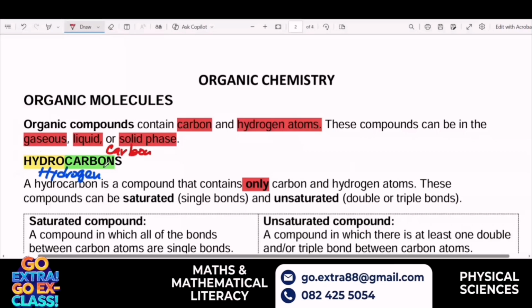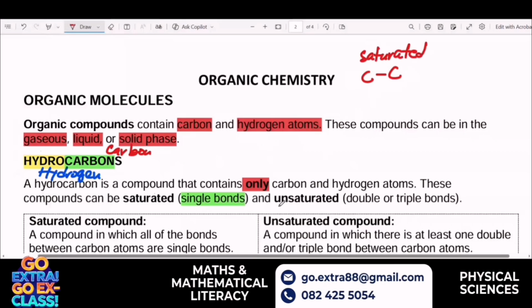Now these compounds can be saturated. By saturated, we mean that these compounds have only single bonds between carbon and carbon. That is very key. If between carbon and carbon in the whole structure there are only single bonds, then we can say the compound is saturated.